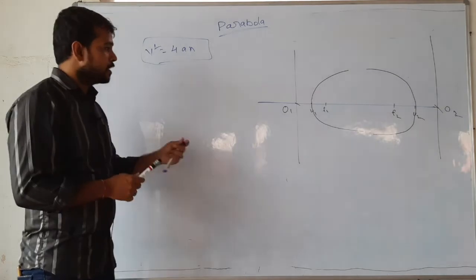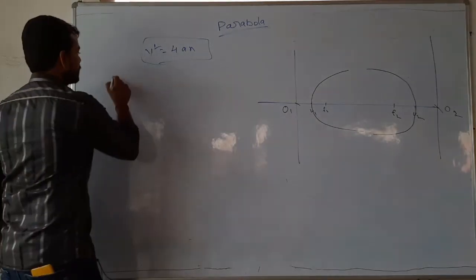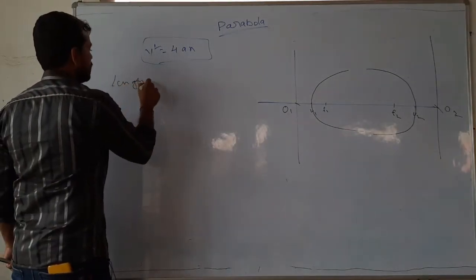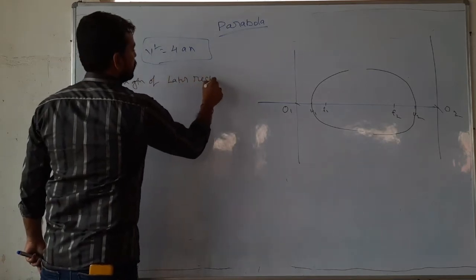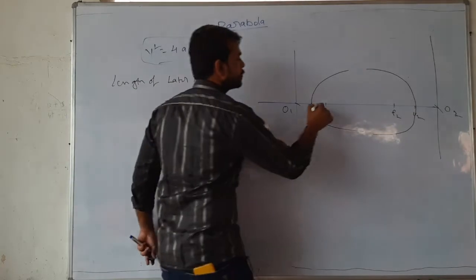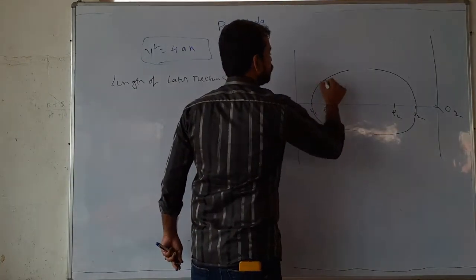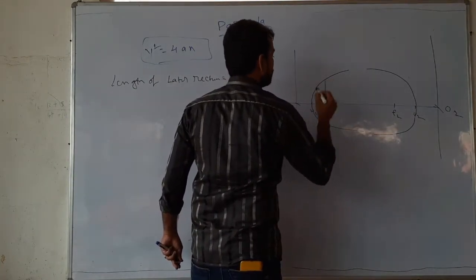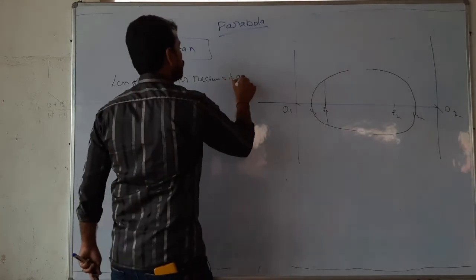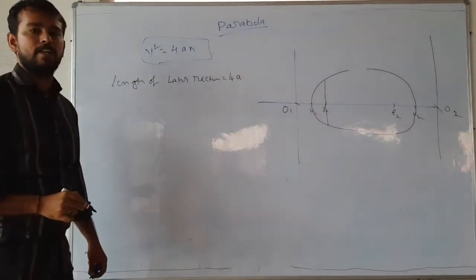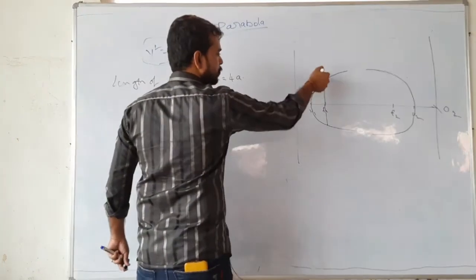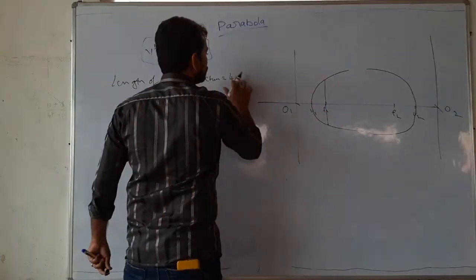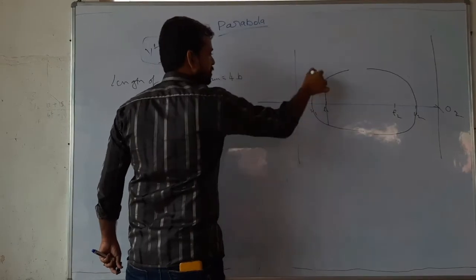So next, the length of the latus rectum. Do you know what is latus rectum? The double ordinate passing through the focus is the latus rectum, and its value is 4a or 4b. If you consider this one as b, we always consider this one as b, no? So that's why we will take it as b.